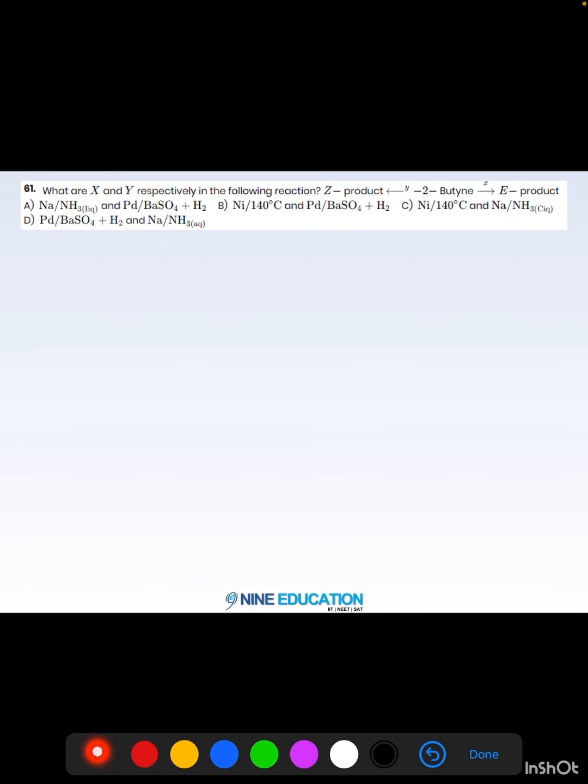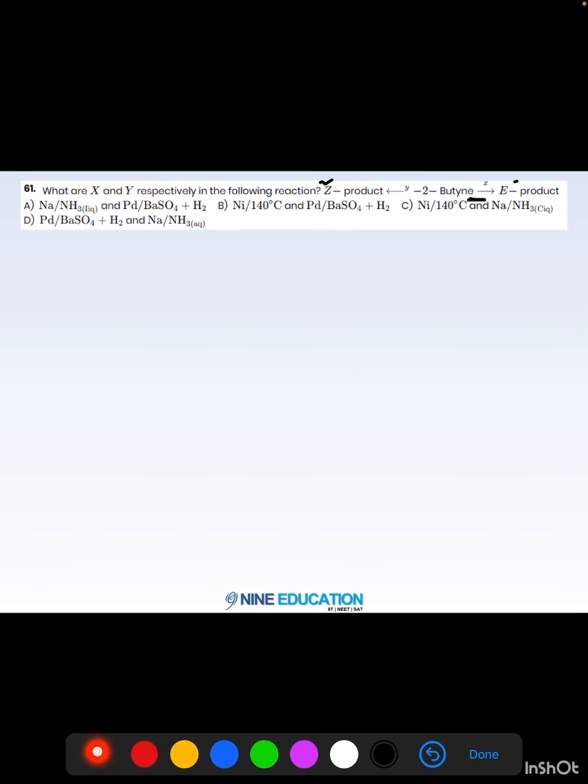Next, we are having question number 61. What are X and Y respectively in the following reaction? We are having 2-butyne. On the left side, we are having the reaction of 2-butyne with reagent Y giving us a Z product, and on the right side we are having a reaction with X reagent giving us an E product.